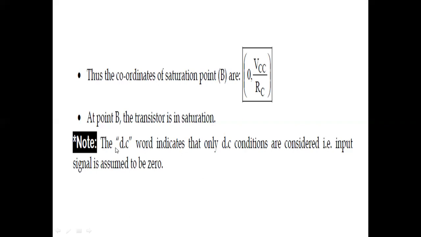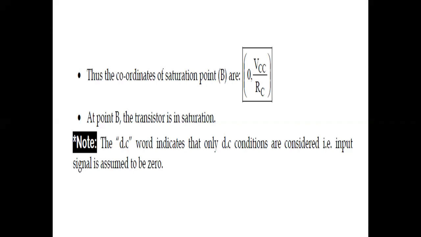We have to take note that the word DC indicates that only DC conditions are considered. That is, the input signal is assumed to be 0. The word DC indicates that it works only for DC conditions, that is, without application of an external input AC signal.